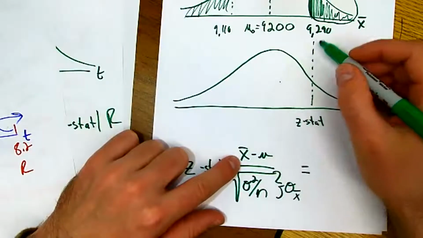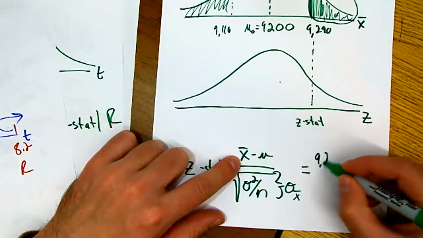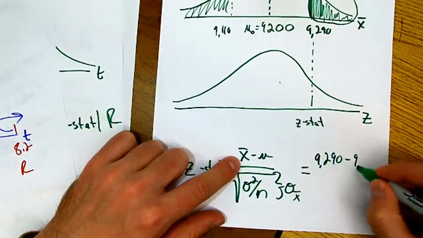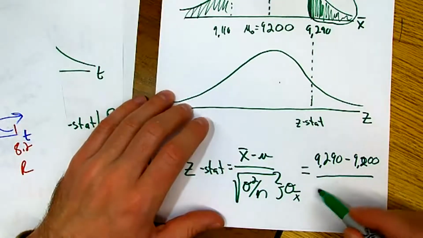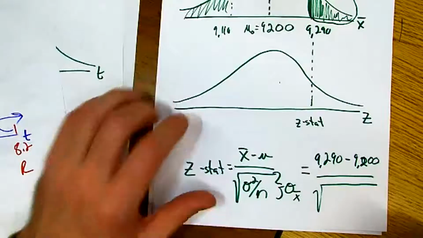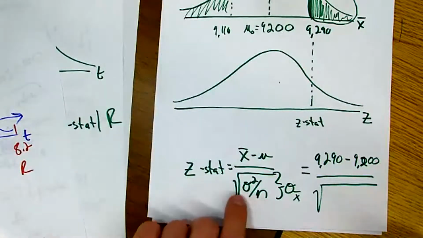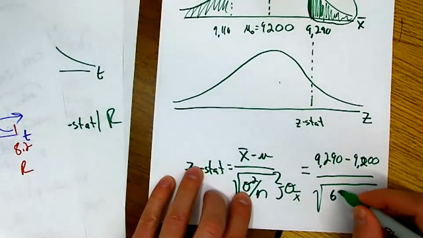So the sample mean we found was 9,290. The assumed true mean was 9,200, divided by the square root of... Now we were told the population standard deviation was 620.